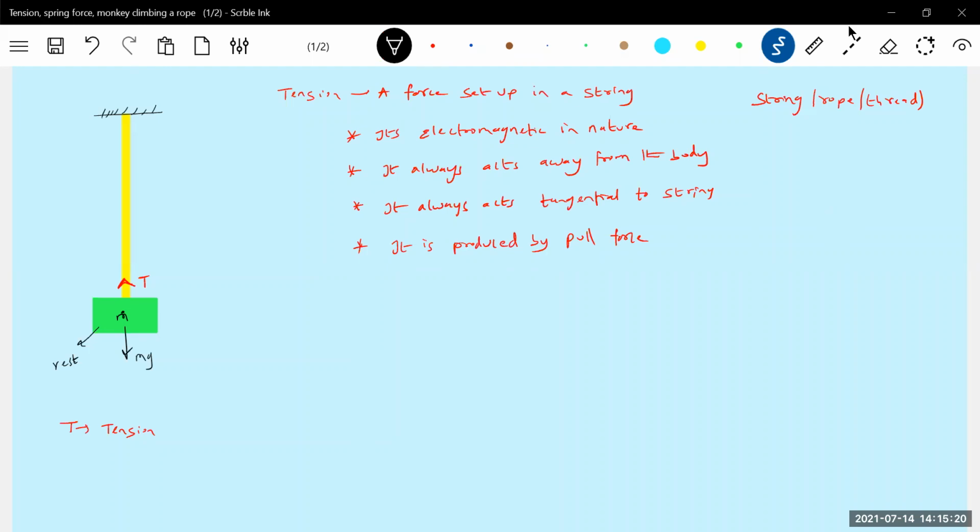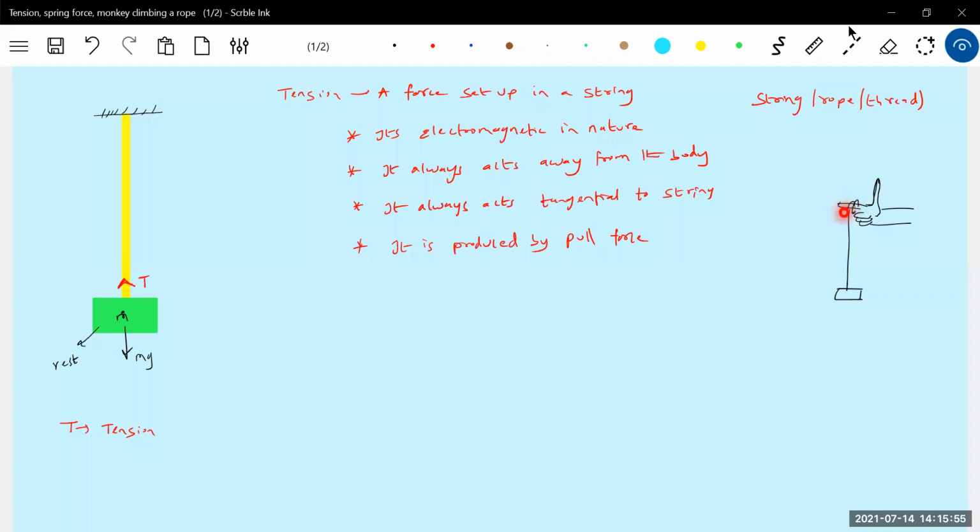You may feel this is something new, which is quite natural. How to show this diagram? This is a block. Instead of suspending it, you hold it with your finger, just tie it to your finger.